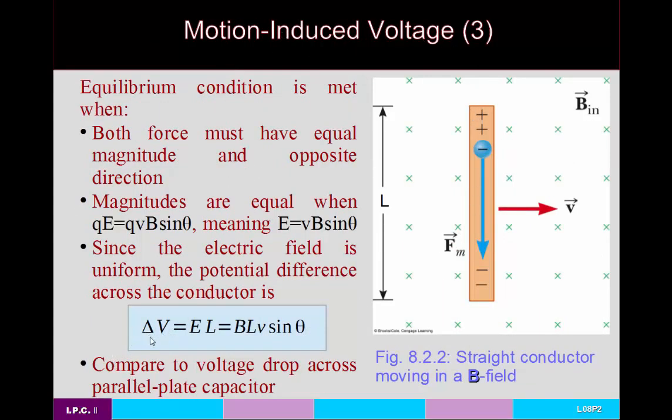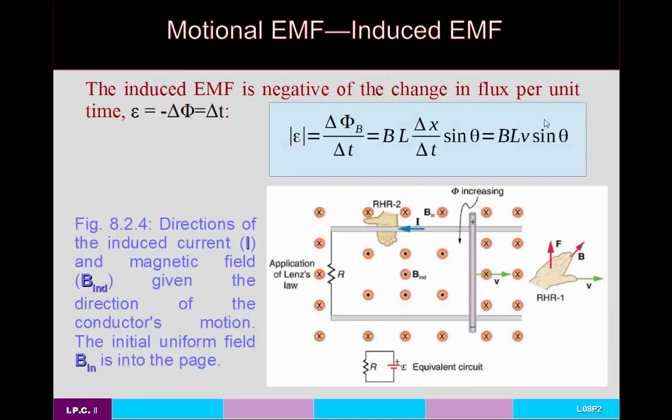The motion-induced voltage delta V was BLV sine theta. That is in fact the same as the induced EMF that we're using down here for this entire loop. So it is consistent.